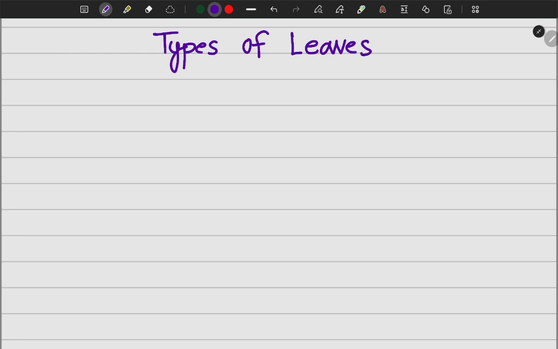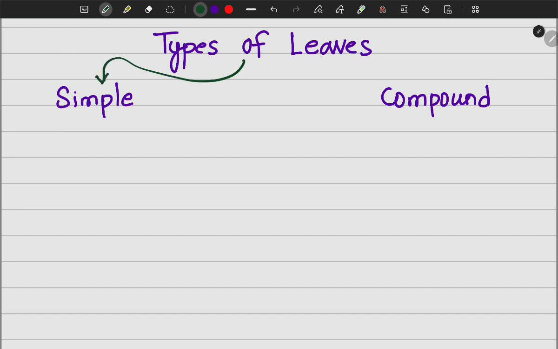If we talk about types of leaves, then there are two types: simple and compound. Now, what is a simple leaf?